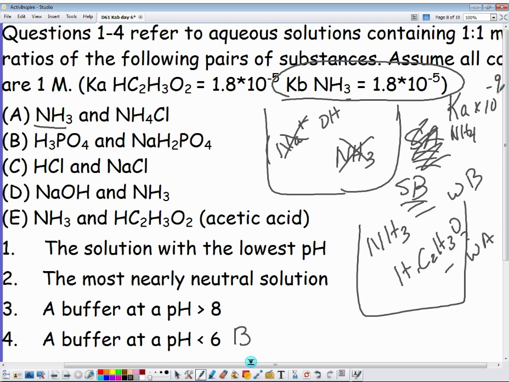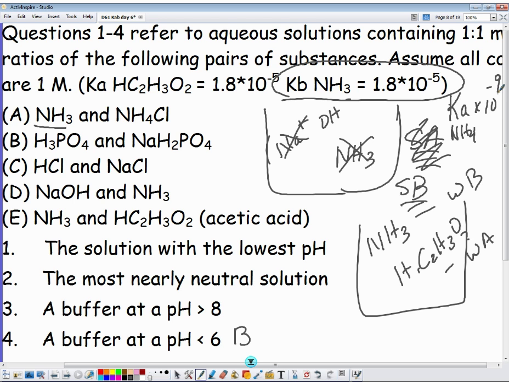If I know the Kb, all I have to do is look at the exponent. If I don't need an exact value, I can predict that if I have a -5 for the Kb, then the Ka is going to be -9. How can I predict that? Because Ka times Kb will always be Kw, 1 times 10 to the minus 14.